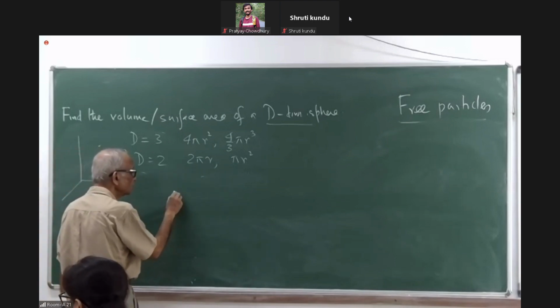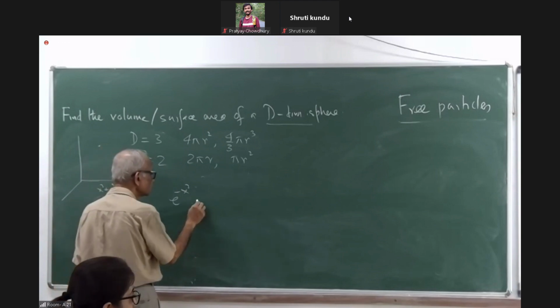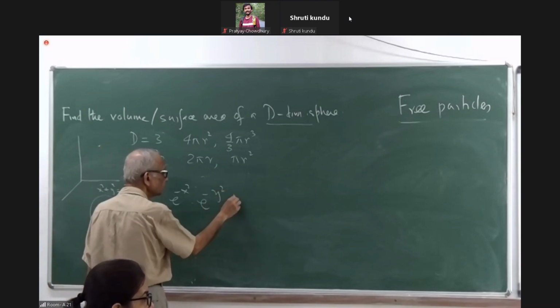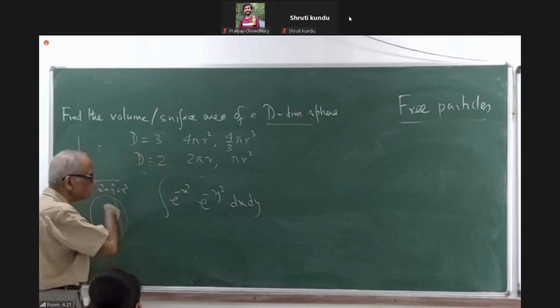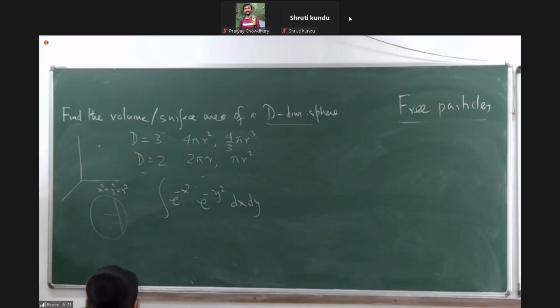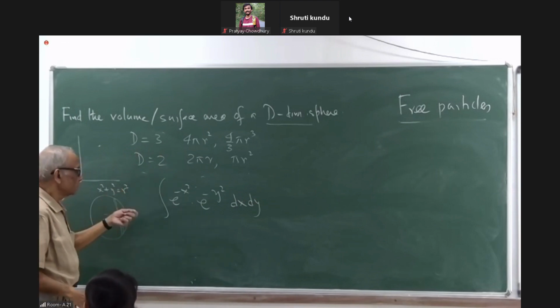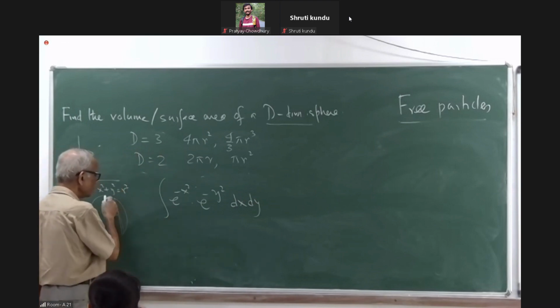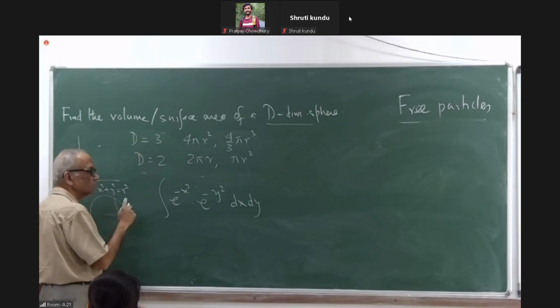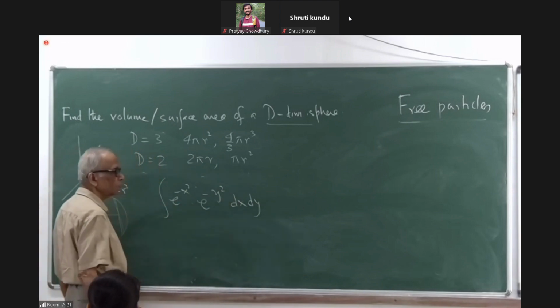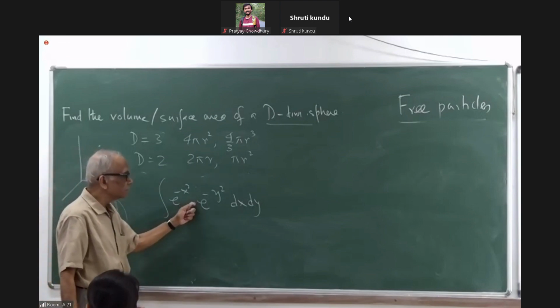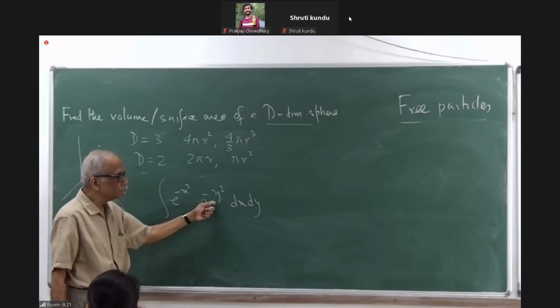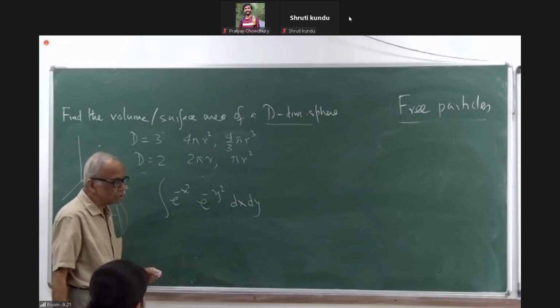I'll get the area differently. I'll do e to the power minus x squared times e to the power minus y squared dx dy over this circle, so xy constrained to be within this circle.